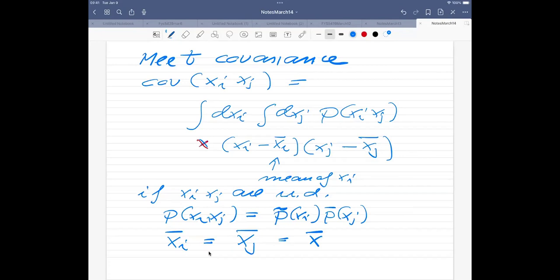You can see that because if these are independent of each other, they have the same mean value. So if you have a normal distribution which describes two stochastic variables, then they have the same mean value.